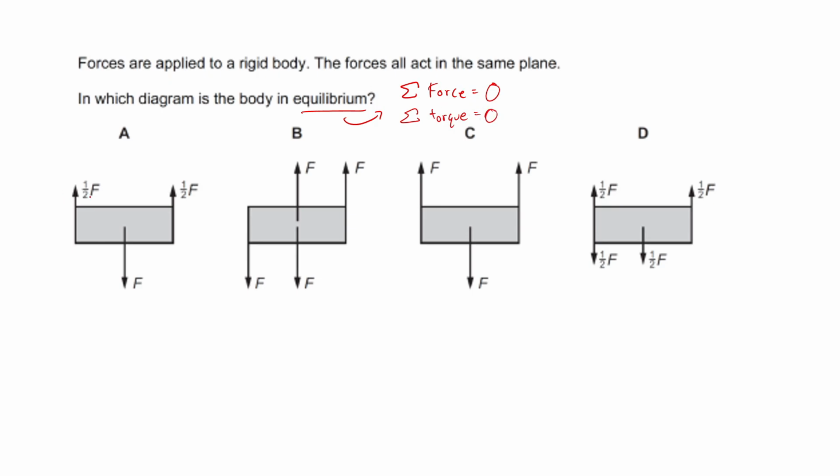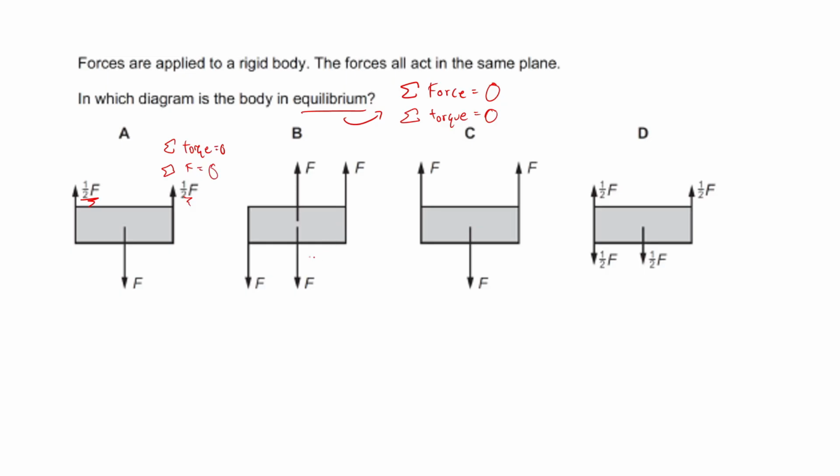So in A, we see that these two forces are going in opposite directions, so that means torque is equal to 0. And the vertical component is F, 1/2 plus 1/2 equals 1, and minus 1 here. So that means the sum of the forces is equal to 0 as well.